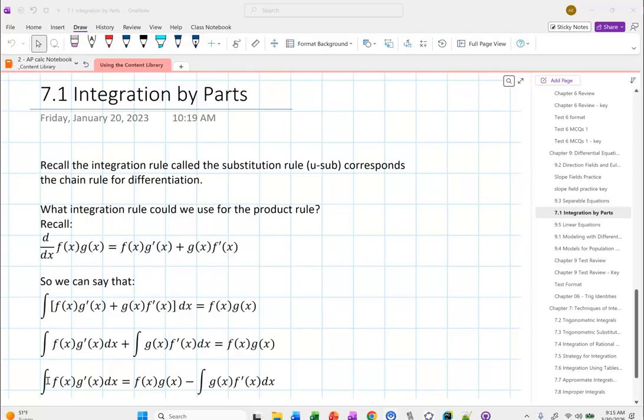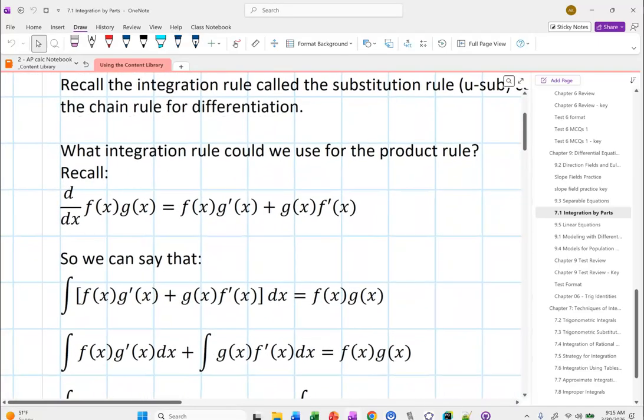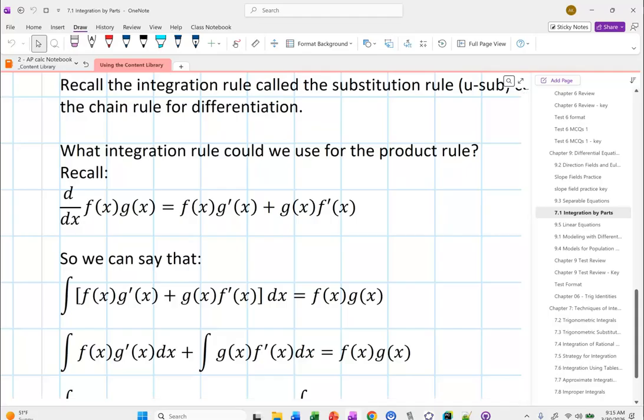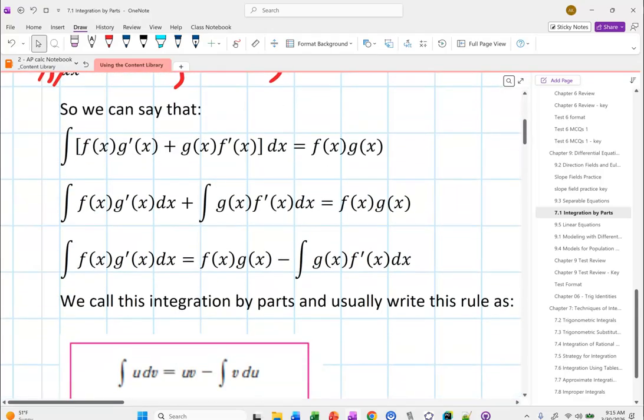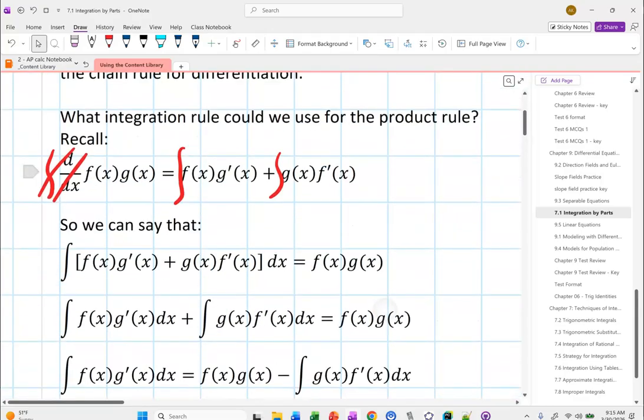So if you guys remember, with the product rule, if we take the derivative of two functions, f of x times g of x, the result is f of x times the derivative of g of x plus g of x times the derivative of f of x. If we then integrate both sides, the derivative will cancel, and the integral will distribute through. So that's kind of what we have here. I've just flipped it around.